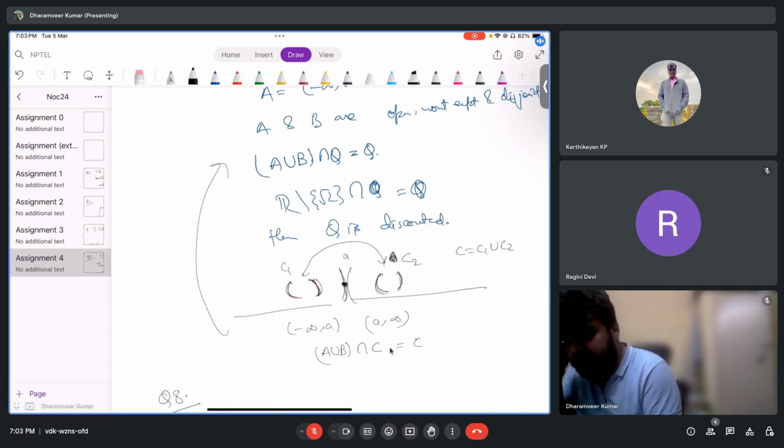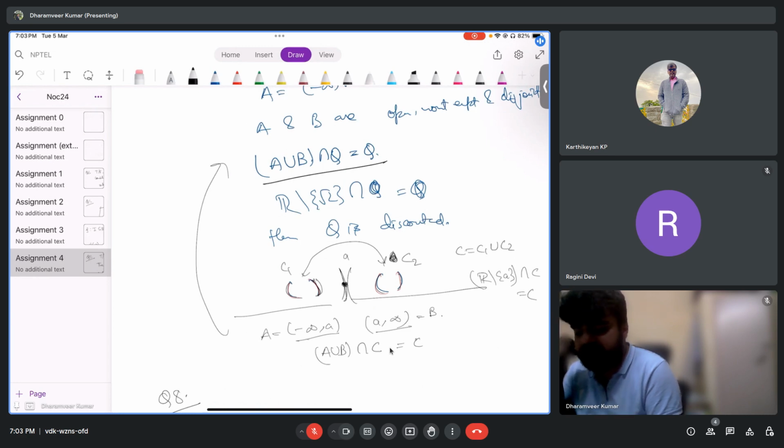Minus infinity to A, call it A, and A to infinity, call it B. A union B is R minus A, and A does not lie in C. So if you take an intersection with C, this will be nothing but C. Same thing: open, non-empty, disjoint, A union B intersection C is C, hence this is a disconnected set.